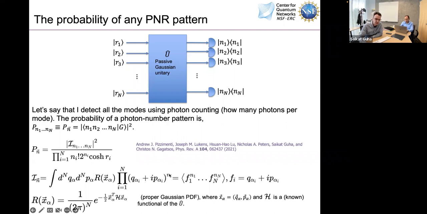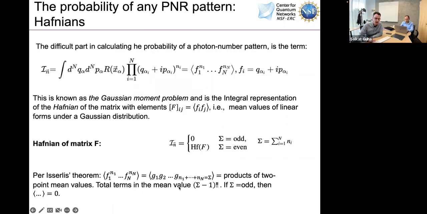If I want to find the probability of the pattern, I need to find the mean value of these quantities under some Gaussian distribution, which depends on everything that happened just before measurement. This is known as the Gaussian moment problem. And it is also known that the Gaussian moment problem is the integral representation of what they call in math Hafnians.